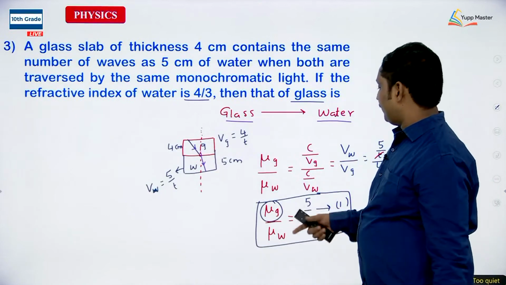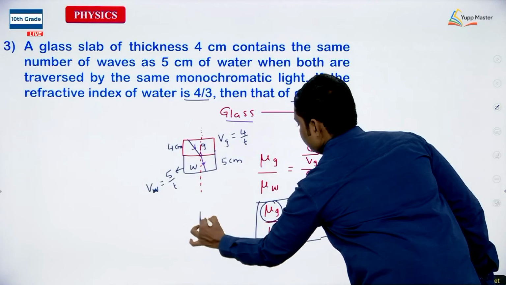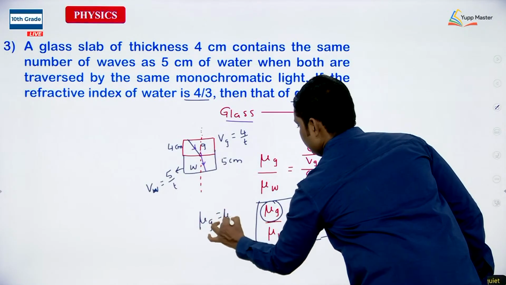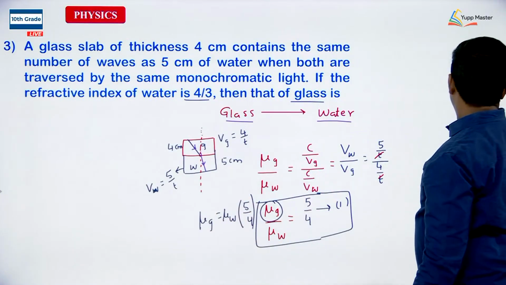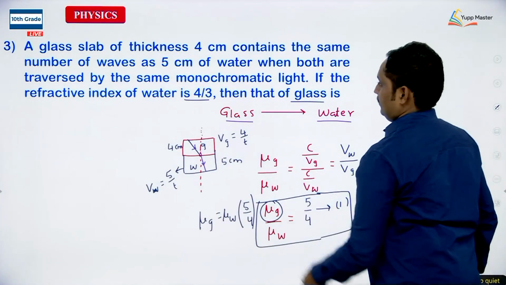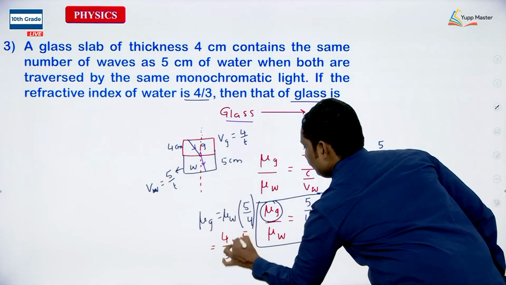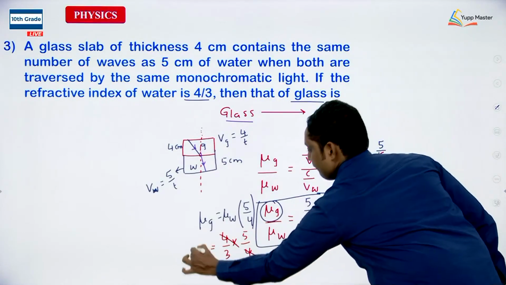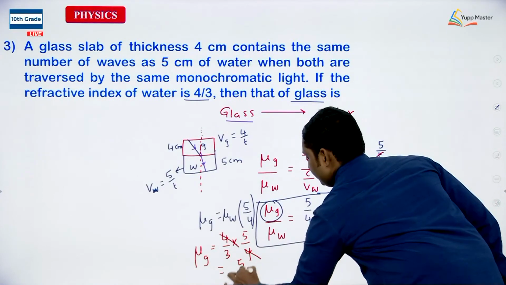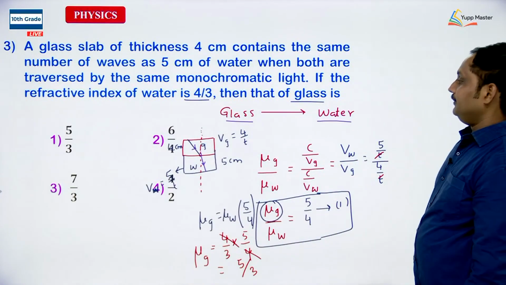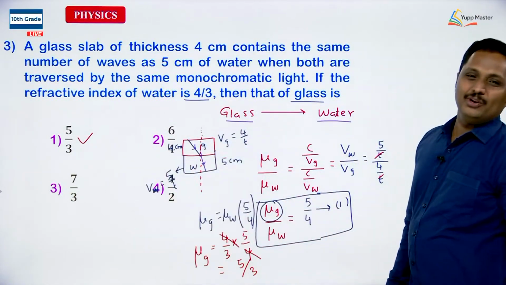So, all the students, just do the substitution: mu g is equal to mu w into 5 by 4. Now, it is easy, that is 4 by 3 into 5 by 4. Therefore, mu g is equal to 5 by 3. That is the first one, it is the correct answer, very simple.